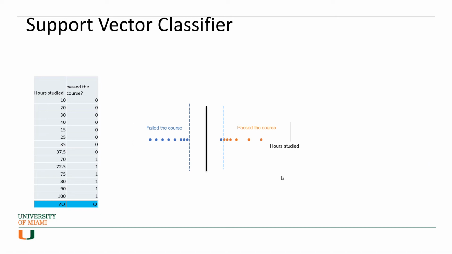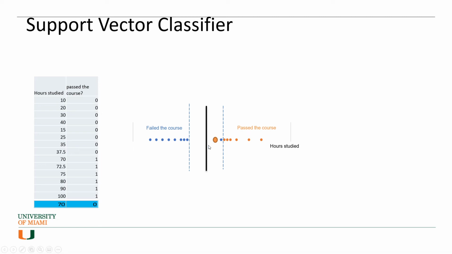And what I mean by that is that, while in training you are making an incorrect classification, when it comes to testing you would be able to correctly classify this observation because it is to the right of your support vector classifier, and you would classify this person as someone who has passed the course, and that is correct.